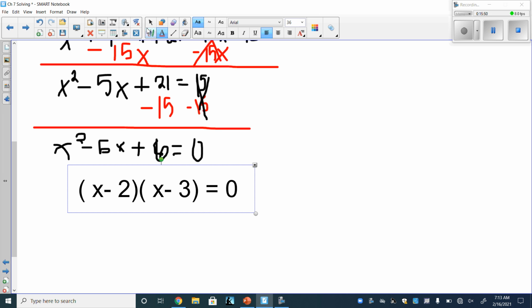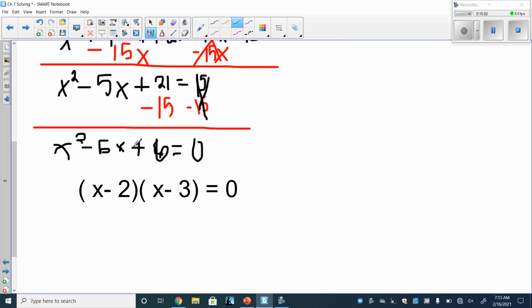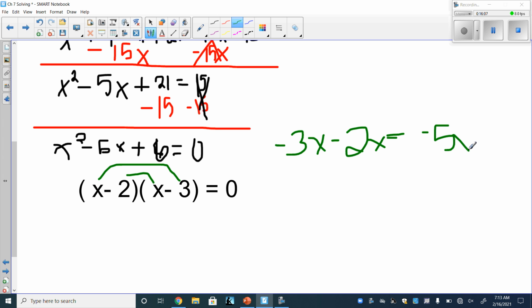And if we check this here to make sure we got the right terms, x times negative 3 would be negative 3x. Negative 2 times x would be negative 2x. And negative 3x minus 2x is negative 5x, which is exactly what we wanted.